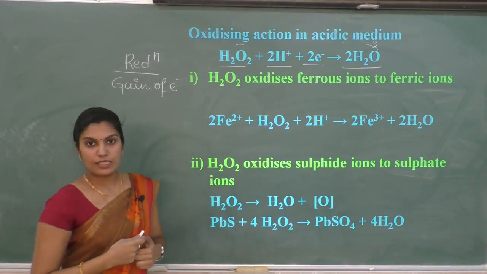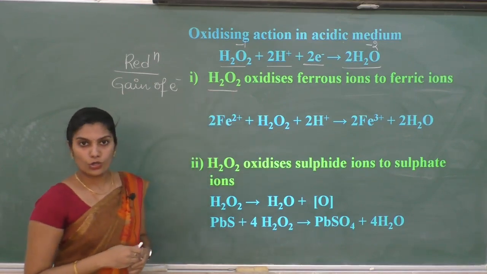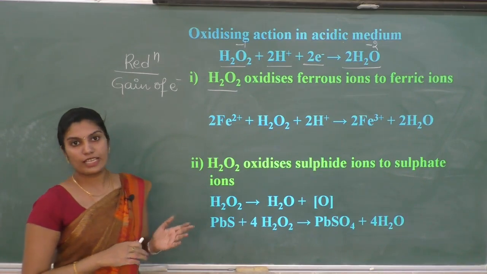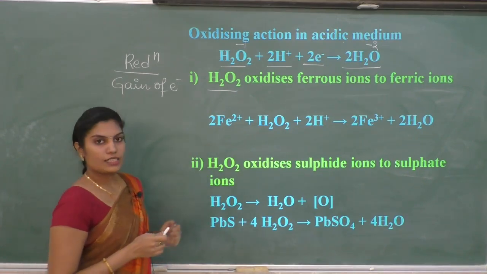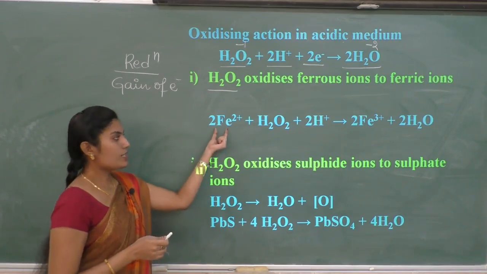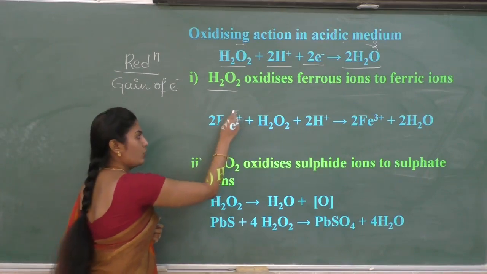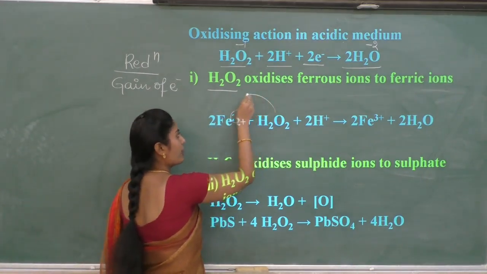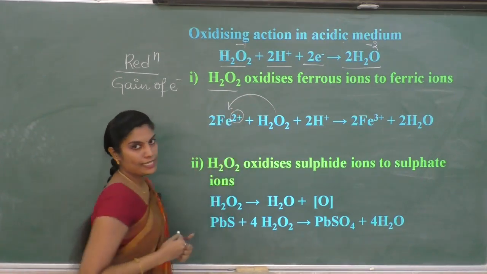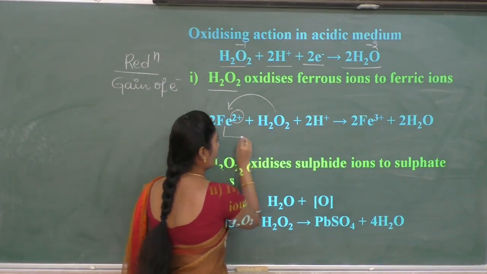Next, if you consider an example, here we are saying this H2O2 oxidizes ferrous ion to ferric ion. If you consider this reaction, the oxidation state of Fe is +2, ferrous ion. Hydrogen peroxide will oxidize ferrous ion to ferric ion.